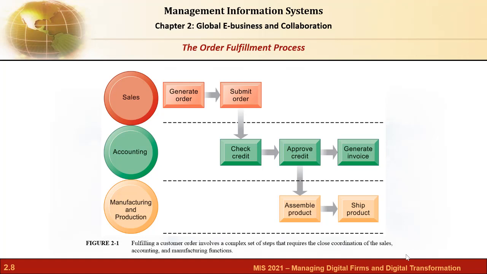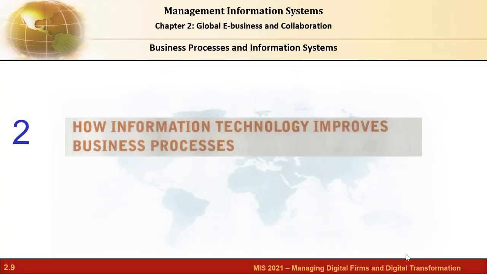Therefore, we need information sharing, and we need coordination or cooperation. And management information systems can support all these processes, all these functional departments and the people involved, to do the job faster, better, and smarter. Okay, that's the first topic, business processes and management information systems.